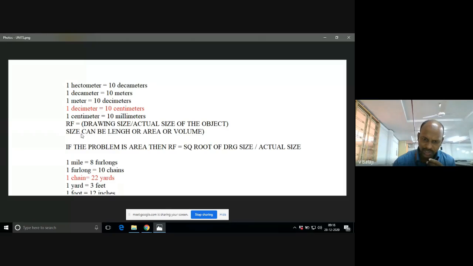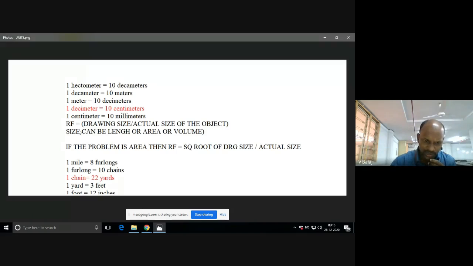Actually there is a lot of distance from Kashmir to Kanyakumari, right? A huge distance, but we are representing it on an A4 sheet, right? So there, if you observe that A4 sheet, you will find the scale factor. It is written something like 1 centimeter is equal to 40 kilometers or 50 kilometers.